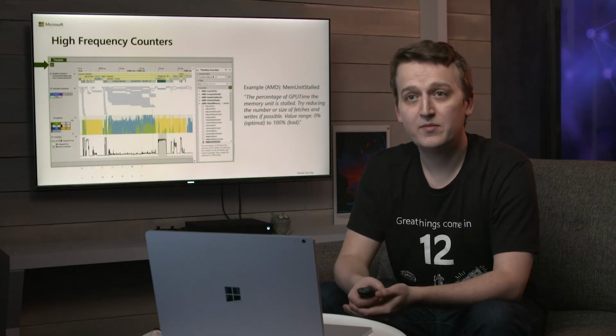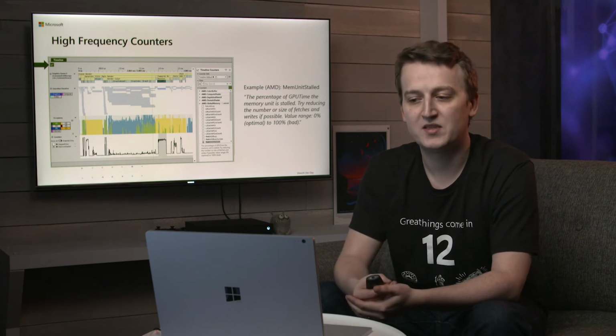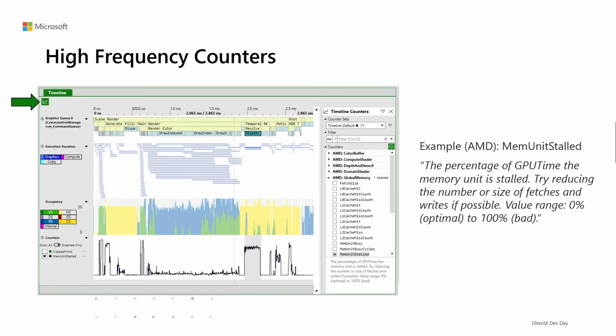So in the past year, we've gone even further by adding support for high-frequency counters to PIX. These are low-level GPU hardware counters that are similar to the eventless counters, but instead they're sampled at a very high rate, typically hundreds of thousands of times per second. The counter values are then plotted in a graph, which you can see at the bottom of the screenshot here.